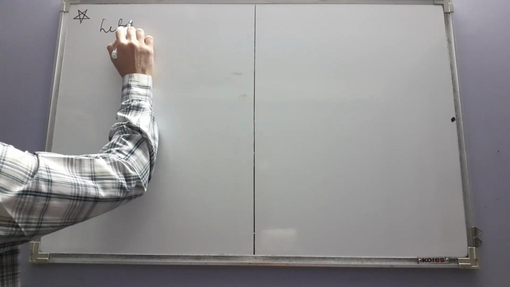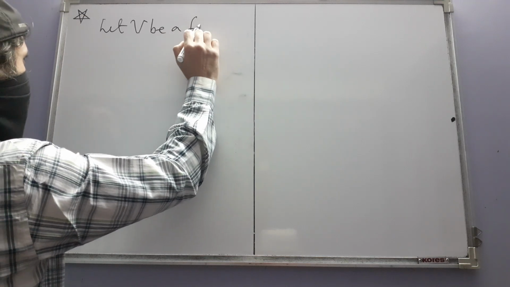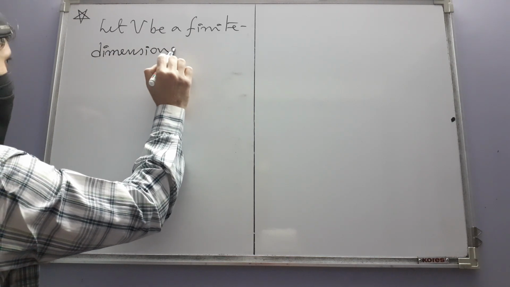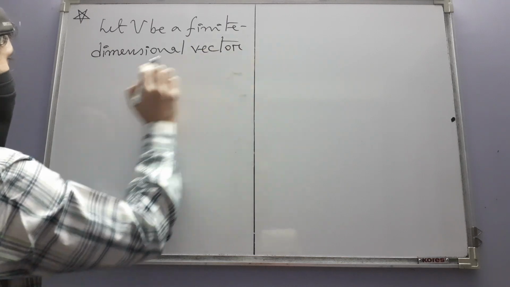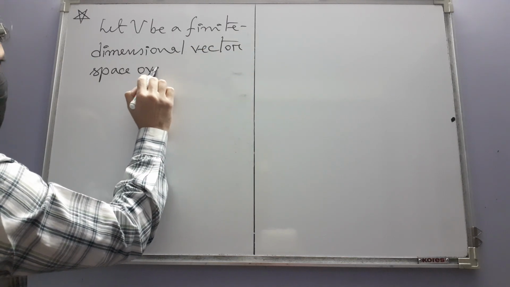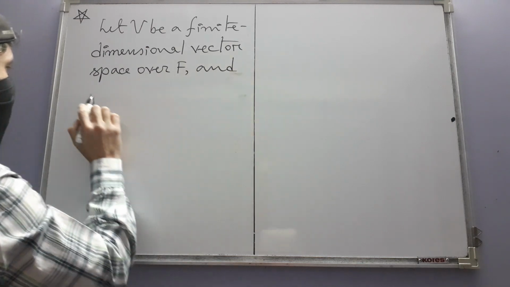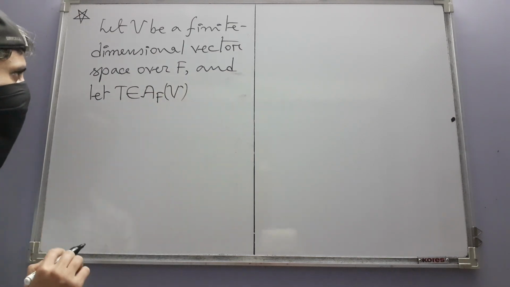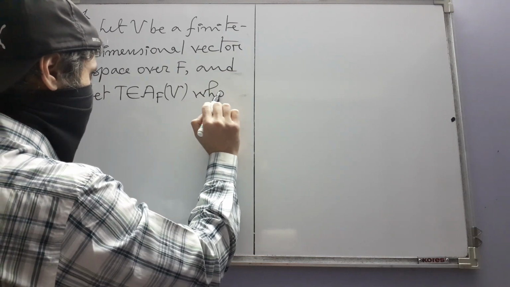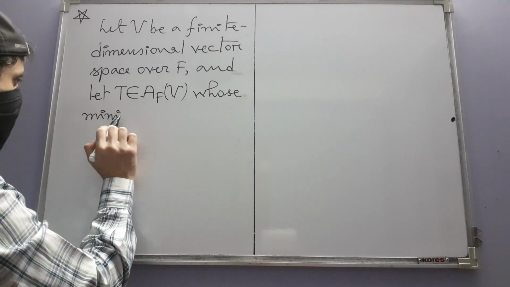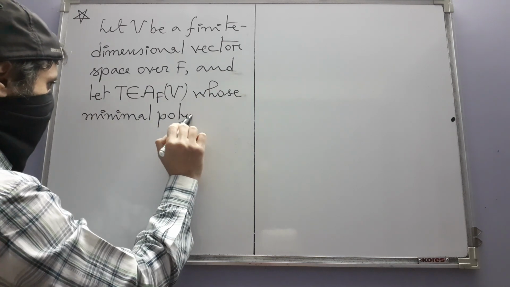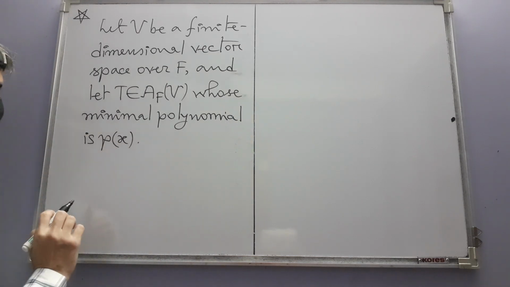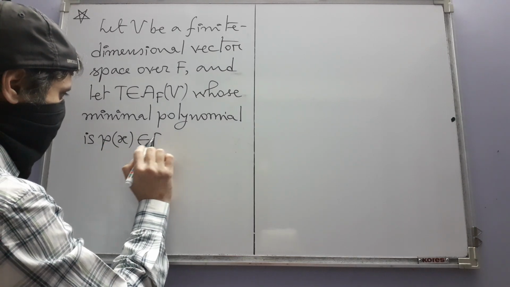Let V be a finite dimensional vector space over some field F, and let T be a linear operator on V whose minimal polynomial over F is P of x, and of course P of x is an element in this polynomial ring.